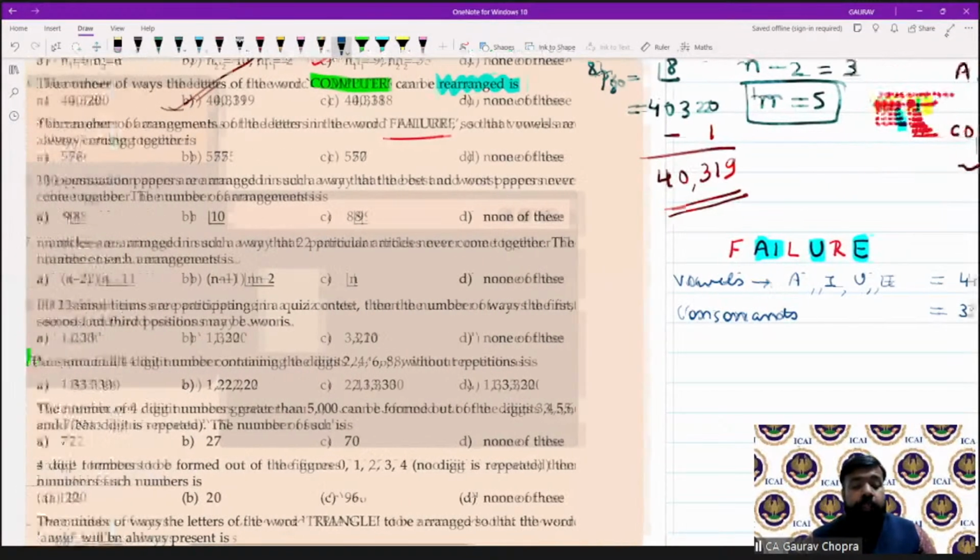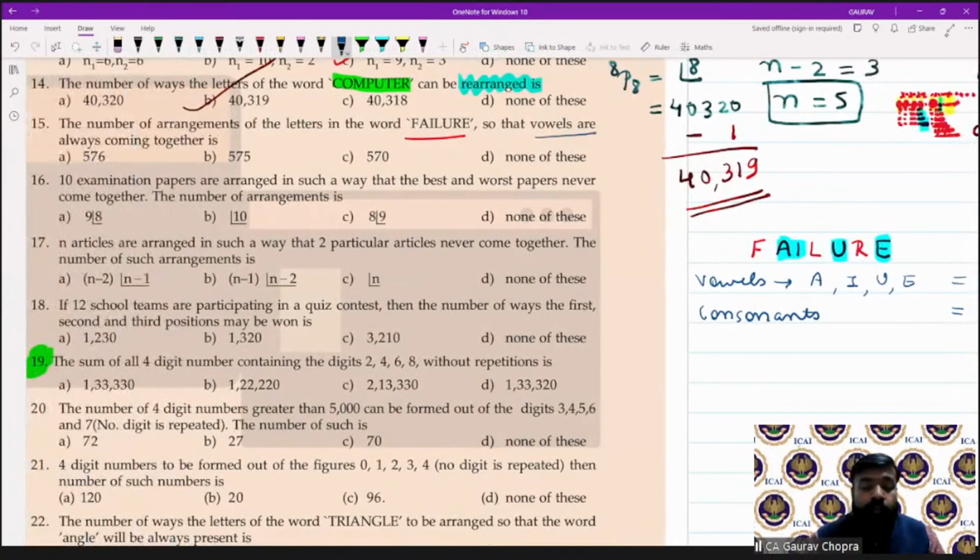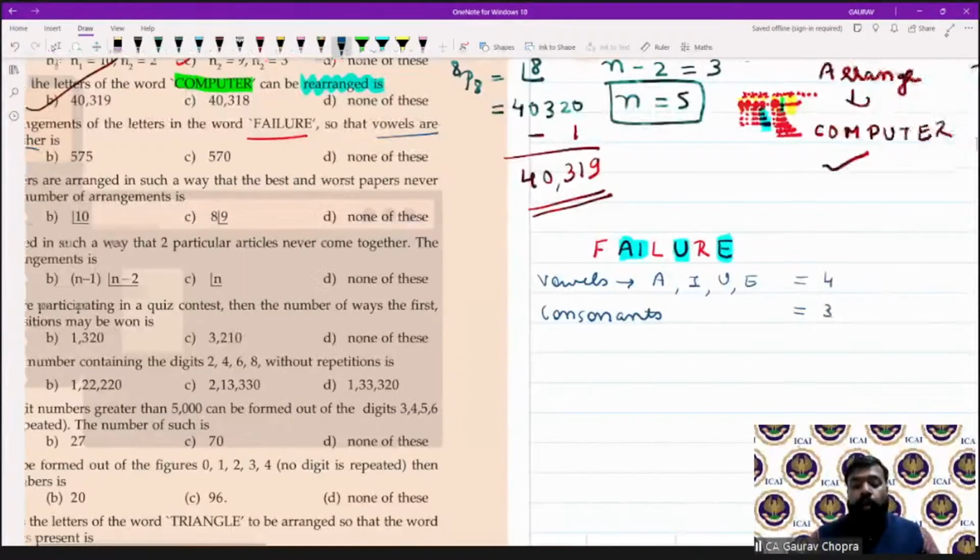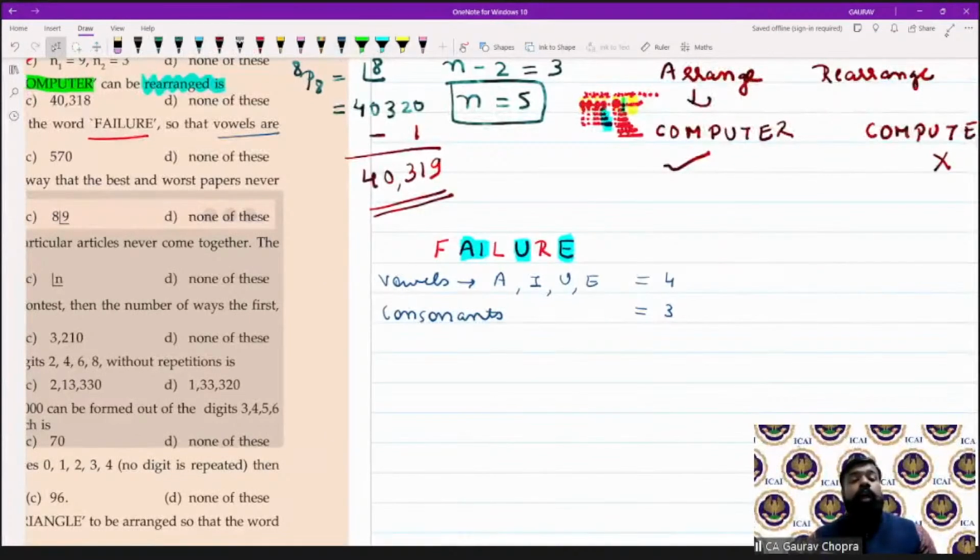Now what is the requirement? Requirement says vowels are always coming together. We have to bring all the vowels together. तो हमें ऐसी स्पेलिंग बनानी है जिसमें वॉवल्स सारे इकट्ठे आए, सारे एक साथ में आए. So how to solve such questions? F, L, R, all these are consonants and remaining are vowels A, I, U, E. Now as per requirement, all these vowels should come together.